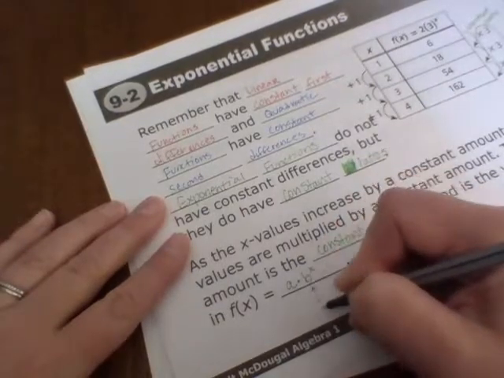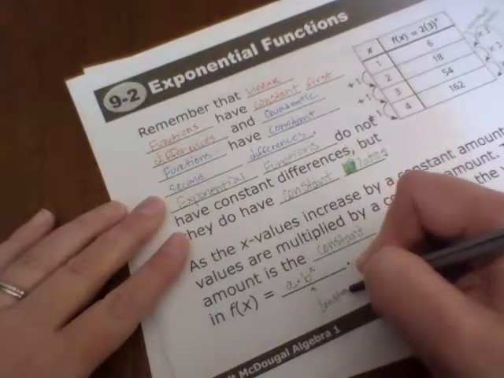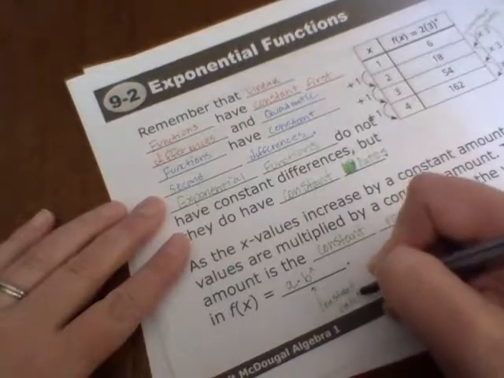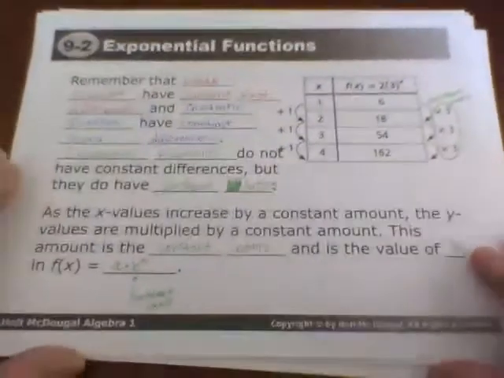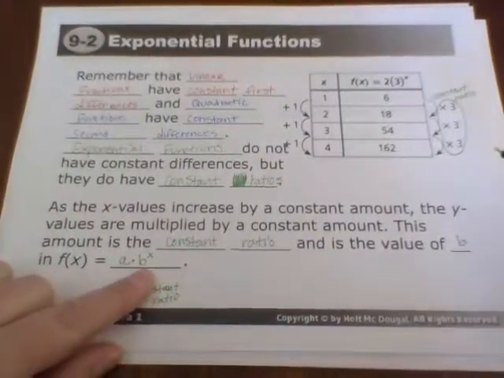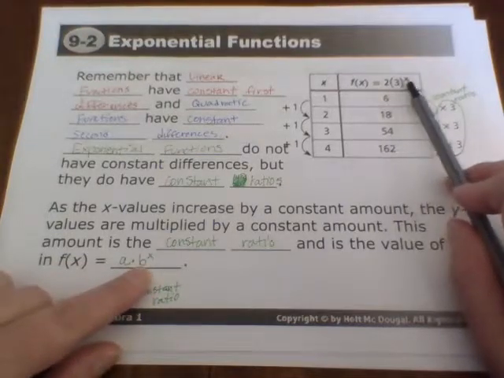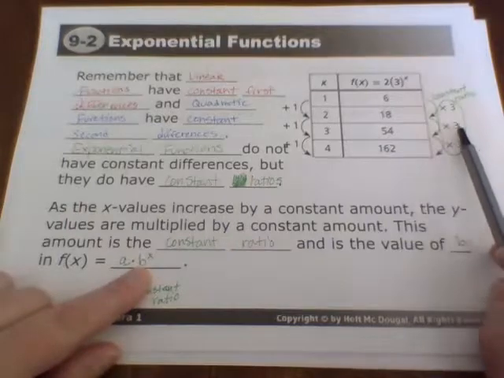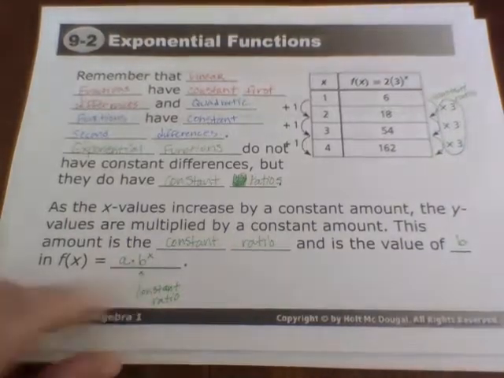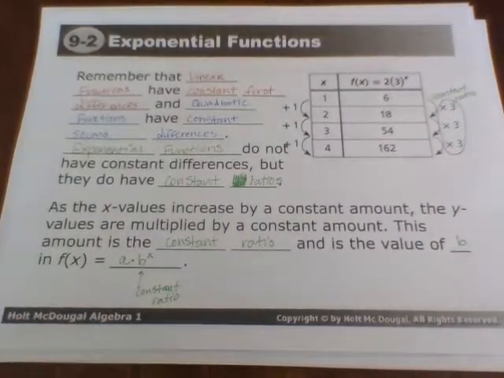So this one here is that constant ratio. All right, so again, the b value, notice here, is 3. It's the thing that's being raised to the power. And notice that 3 happens to be the constant ratio as well. So those are supposed to match.